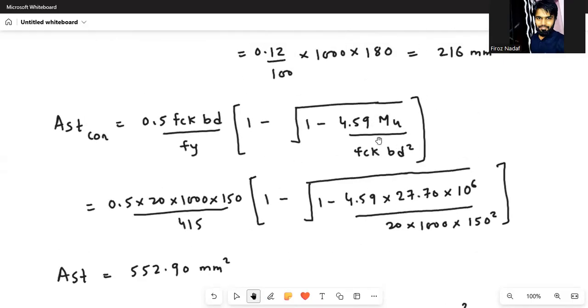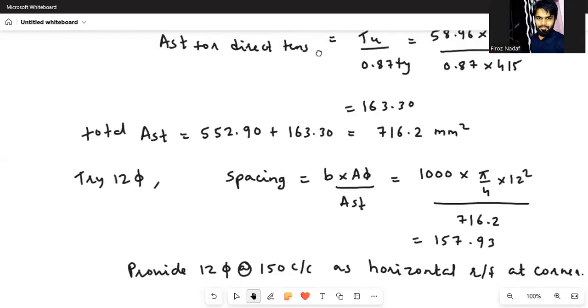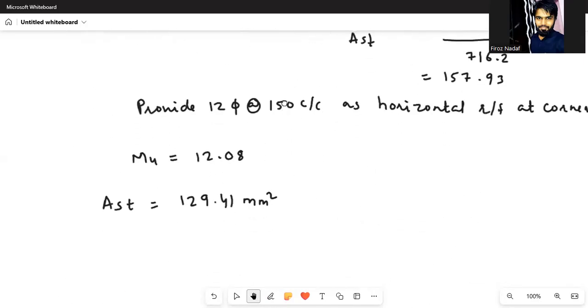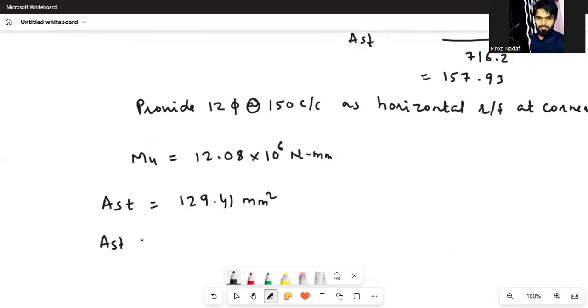The only thing that you need to change is MU, MU for the midspan. Okay? That is 12.08 into 10 to the power 6 Newton mm. Okay. So AST for this bending moment, you're getting it as 129.41 mm square. And AST for direct tension also has to be calculated.